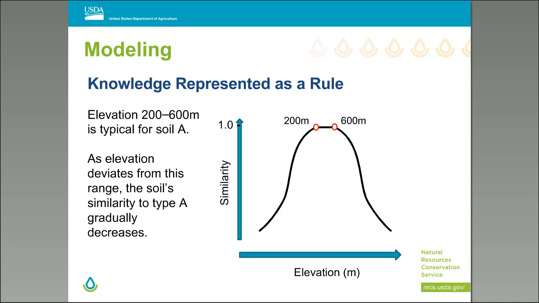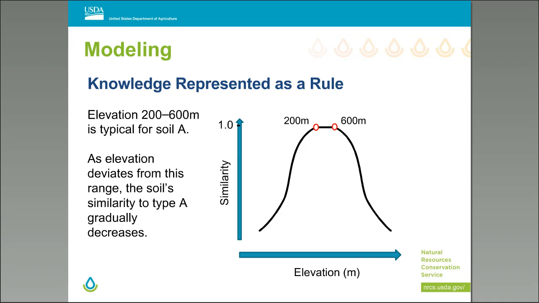So part of what knowledge-based curve mapping does is allow you to gradually taper off that definition of where the soil occurs. So what we're doing is taking what we know about a soil, which is really what we know about the soil formative environment and how the soil forming factors affect where you expect to find the soil, and you're defining that typical area, but you're also allowing for it to come in as you move away.